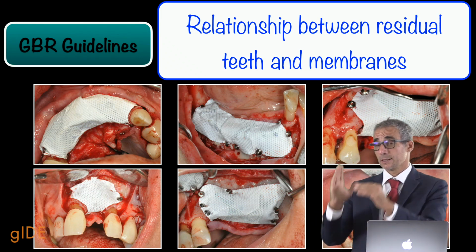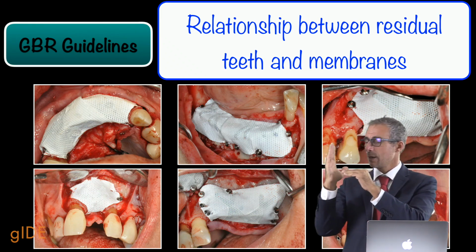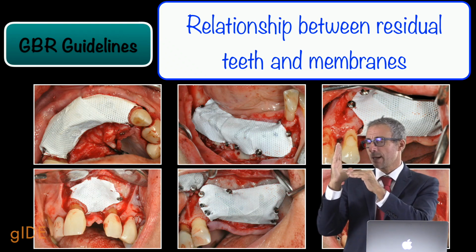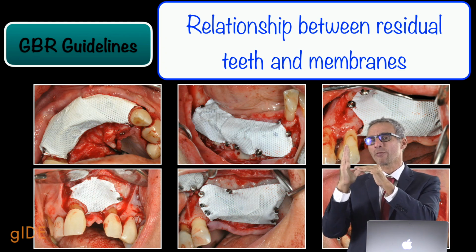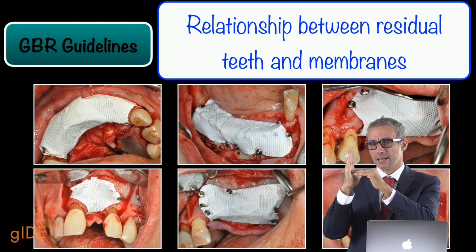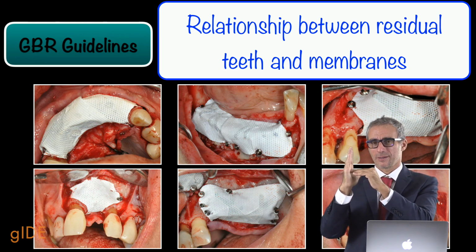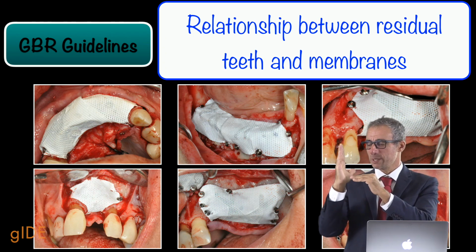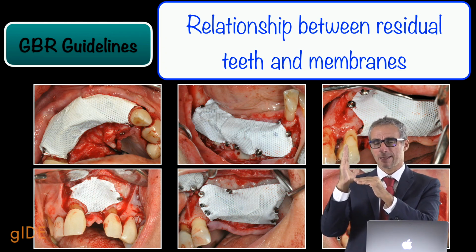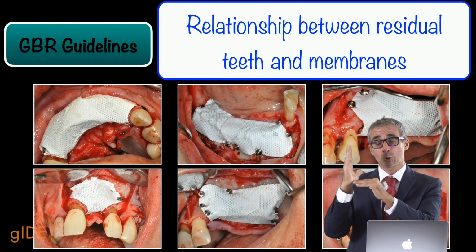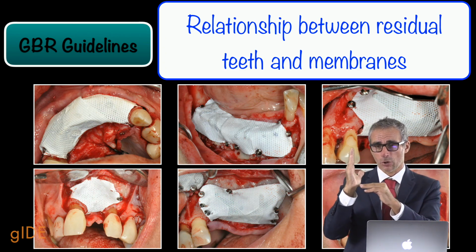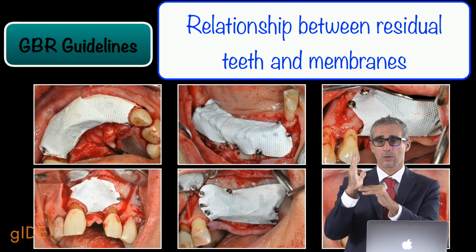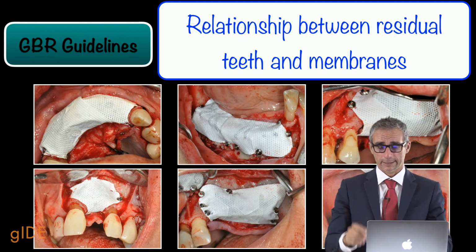And probably the flap will have a more coronal position, and the flap will be in contact with the crown, not with the root, and we don't have the opportunity to create the second seal, the connective tissue seal or the connective tissue attachment.